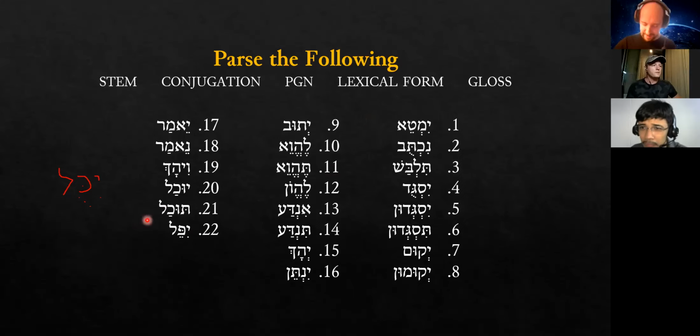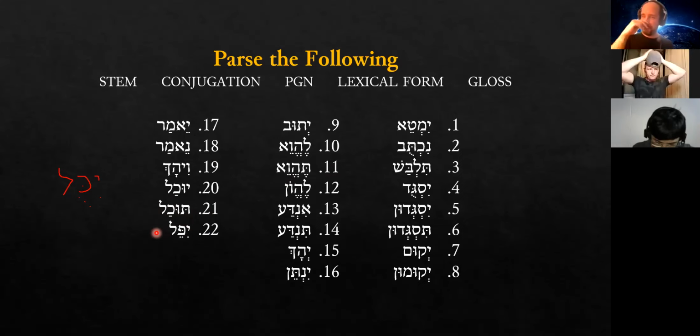Okay, so go ahead. Number 22. Peal imperfect third masculine singular from, I guess this is nafal. He will fall. It's curious that the noon is assimilated there when it's not in other verbs.